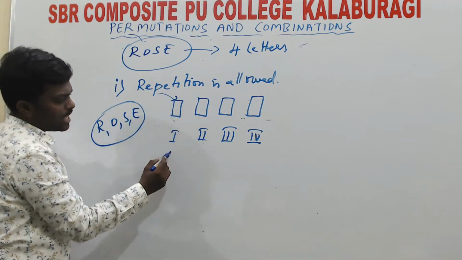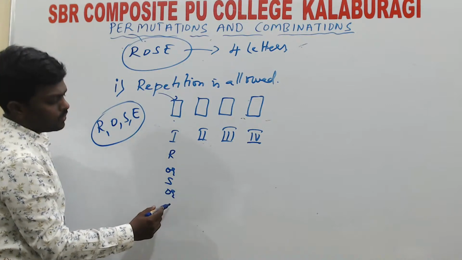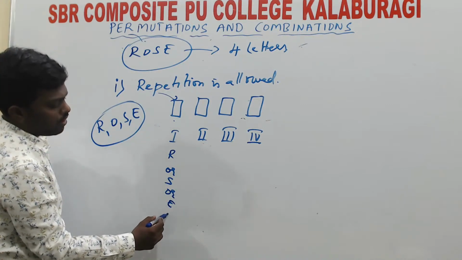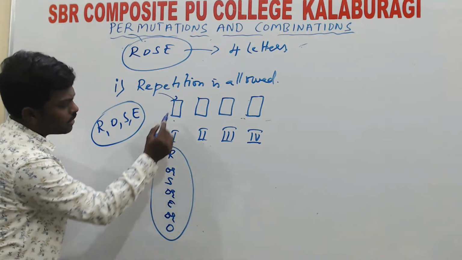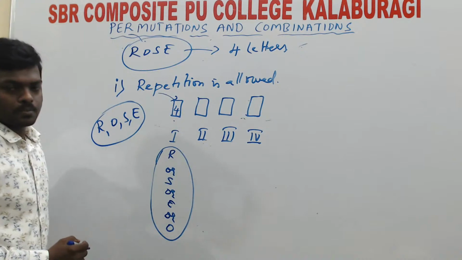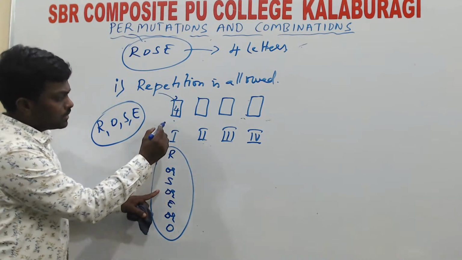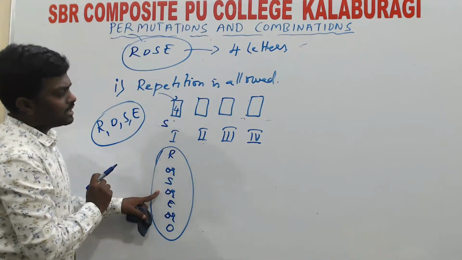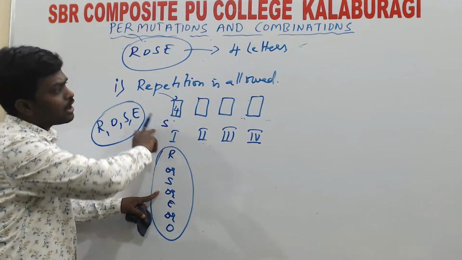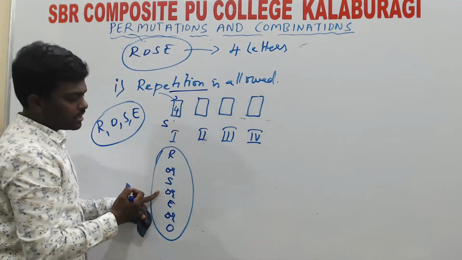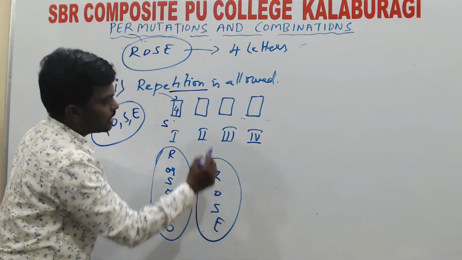Either we can fill it with R, or with S, or with E, or with O. So we can fill with any of the 4 letters. So it's 4. Let's suppose we have filled S. Now this letter can also be repeated according to the condition, which means again we have all the 4 options.